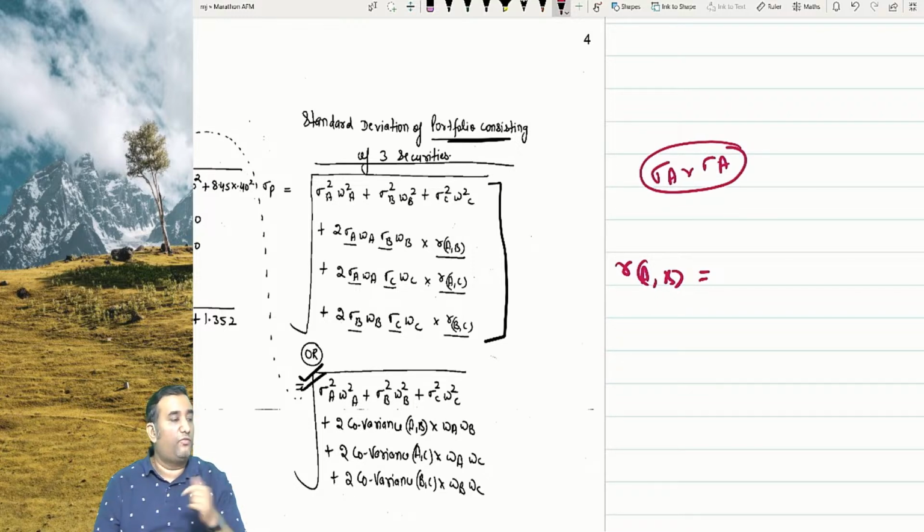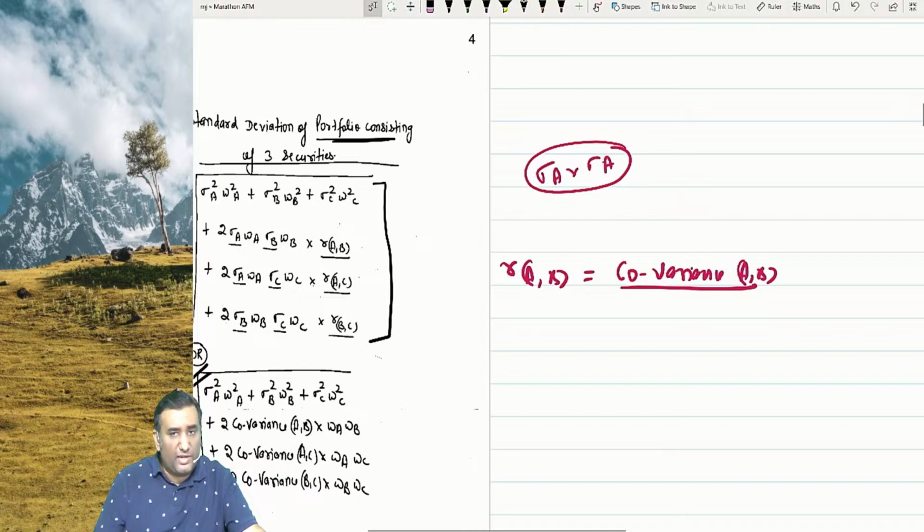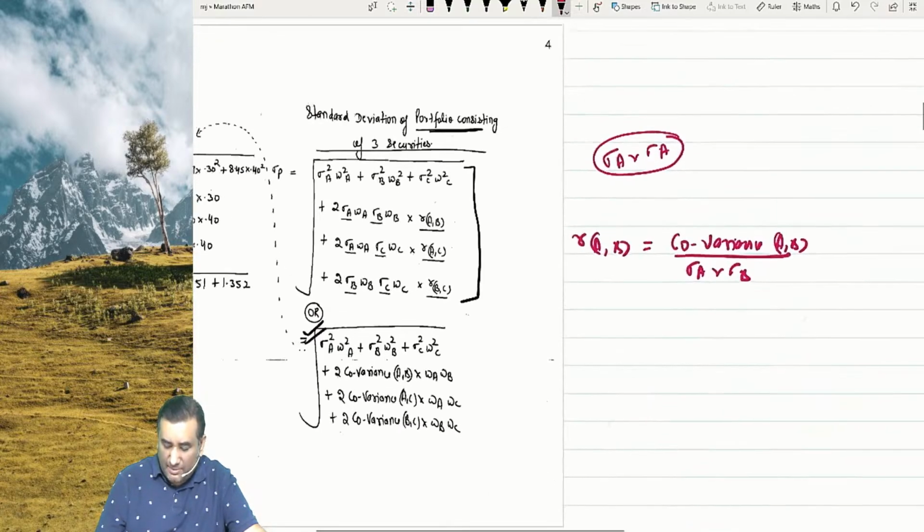If I want to find a relationship between two numbers, we use a term called covariance. So the formula becomes covariance of A and B divided by standard deviation A into standard deviation B, and that gives the RAB formula.